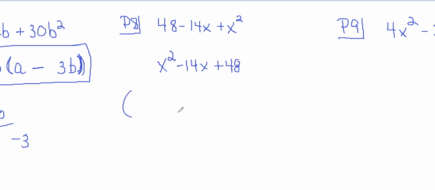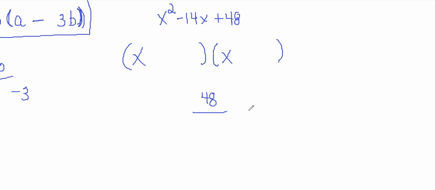Lead coefficient is 1. You got x's here. It's redundant after a while. I hope you feel the same way. 48's my value, positive. Middle term is negative, so both of these are going to be negative. And it looks like one number is going to be 6 and the other number is going to be 8. So I got x minus 6, x minus 8.